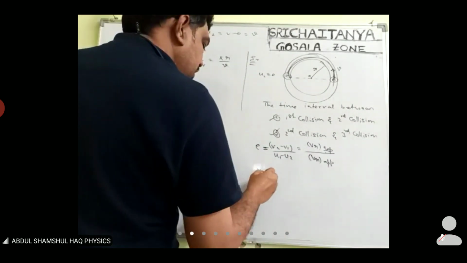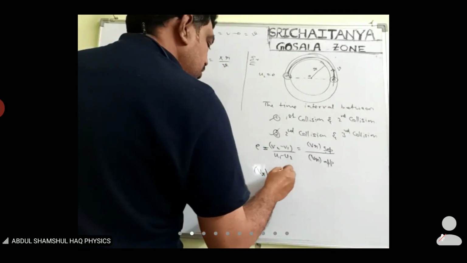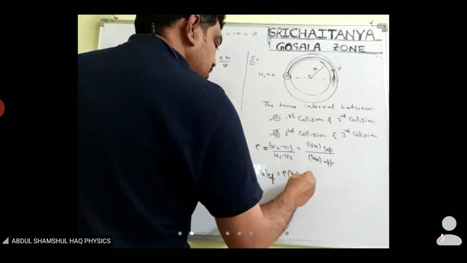So V relative of separation is equal to e into relative velocity of approach.